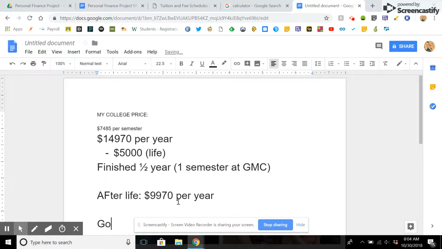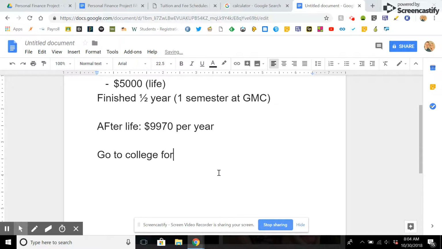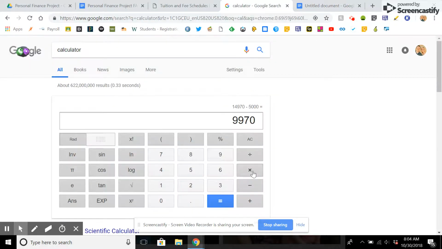So I'm going to go to college for 3.5 years, which means the total, so I'm going to take this number, 9,970 times 3.5, okay? 34,895. So that's my price for college.